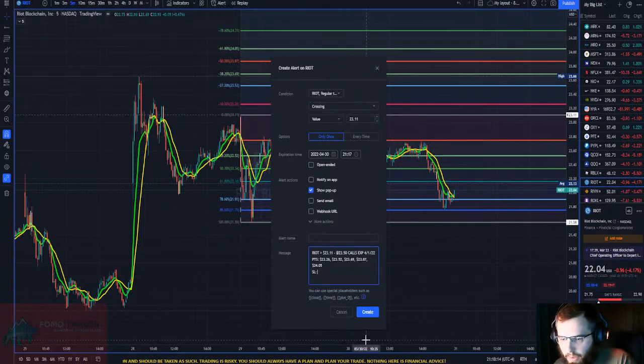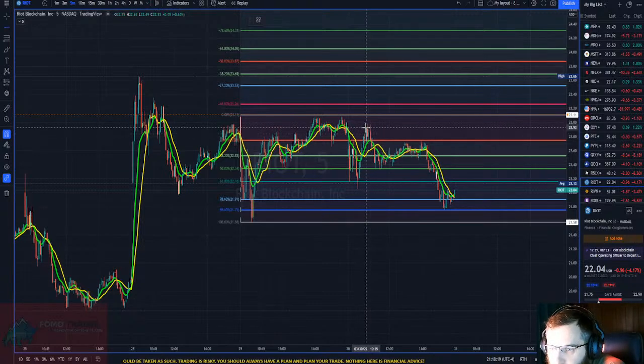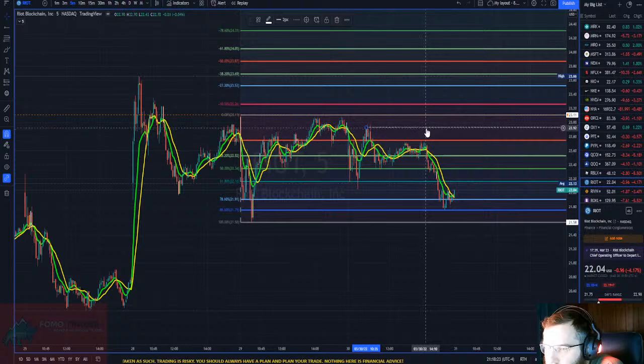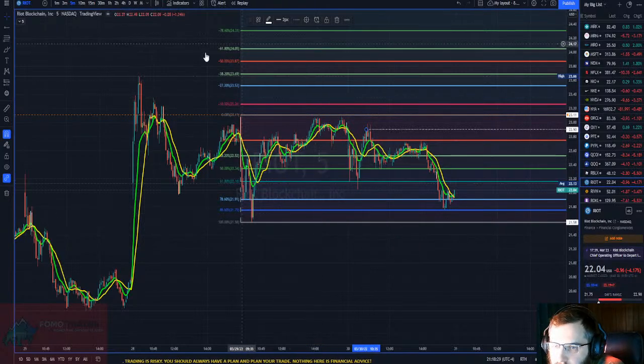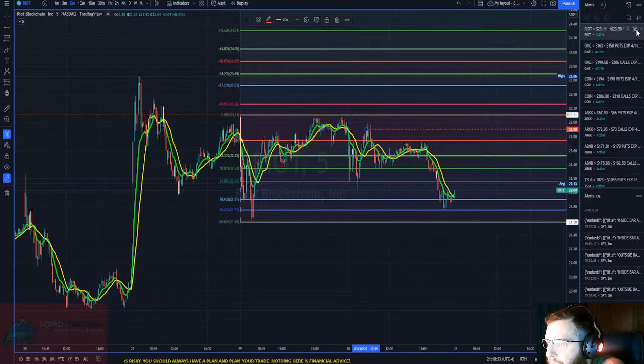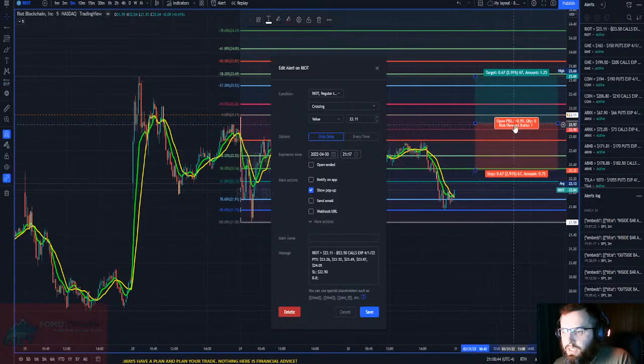Stop loss, we're going to come in here and we're going to find the middle in between our levels here, 22.93, so we can just call it 22.90, keep it psychological for our stop loss. Stop loss would be 22.90, and then our risk to reward on this for a long position.